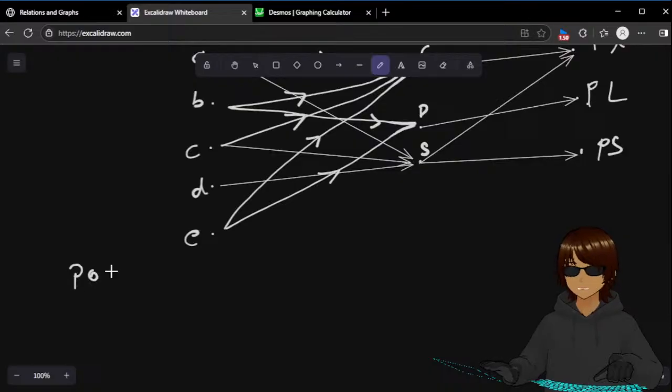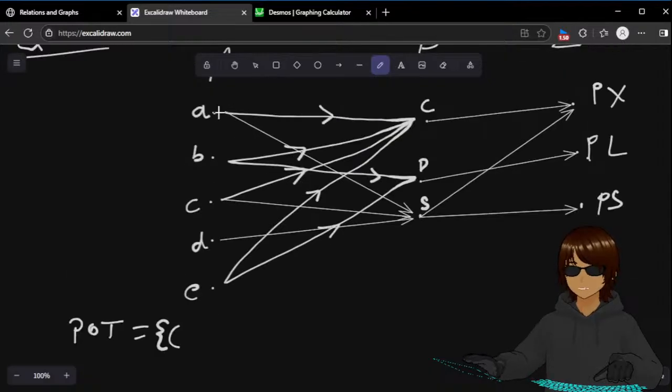So P dot T is A px. So I'll just write A px. And then we have A ps.